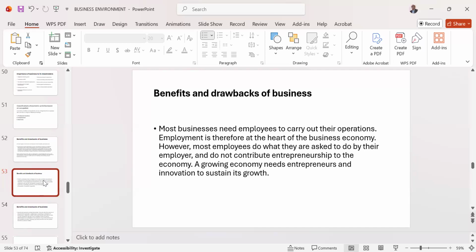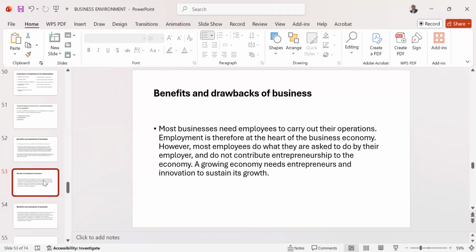And that's why you see that most business owners or founders are always agitated when somebody leaves the company. They quickly try to see how they can get a better hand, good recruitment for the company.